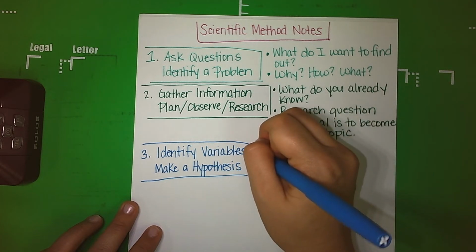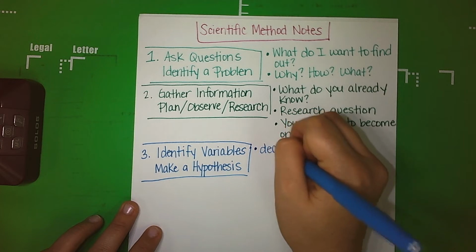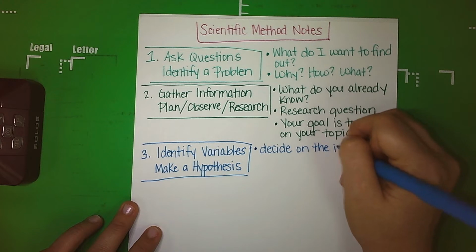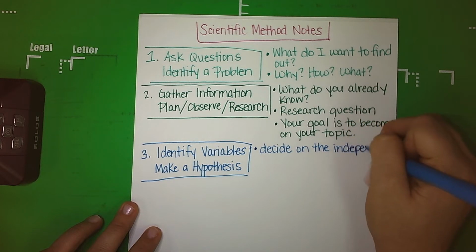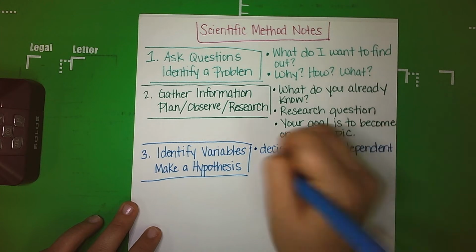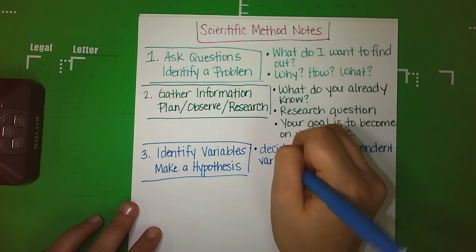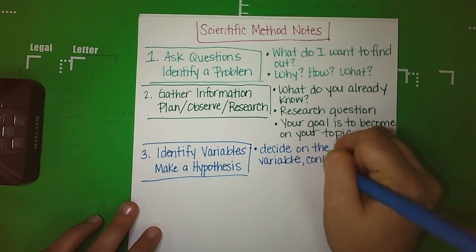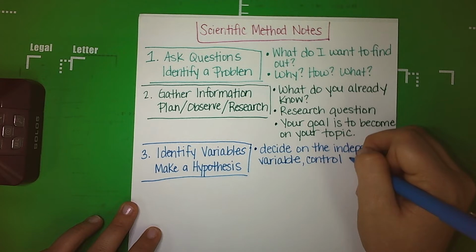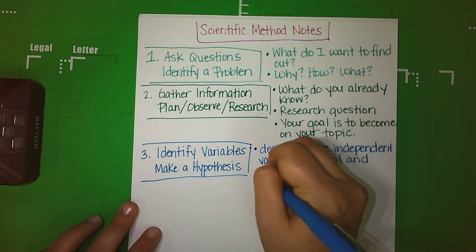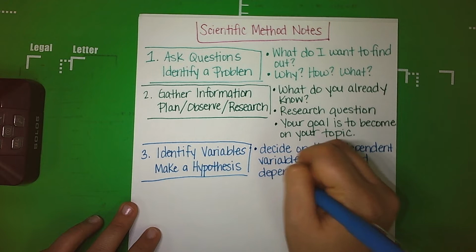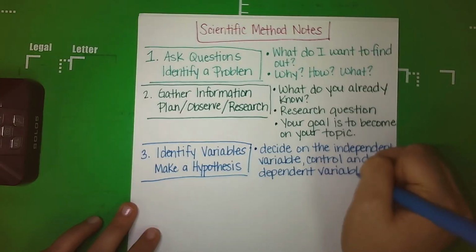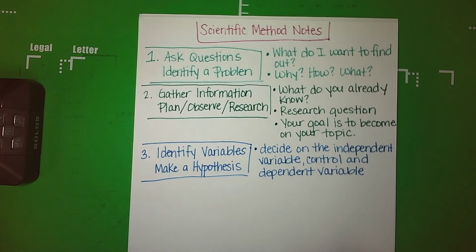Well, what does that mean? This is where you're going to decide on the independent variable, the control variables and dependent variable. So you figure that out first, okay?